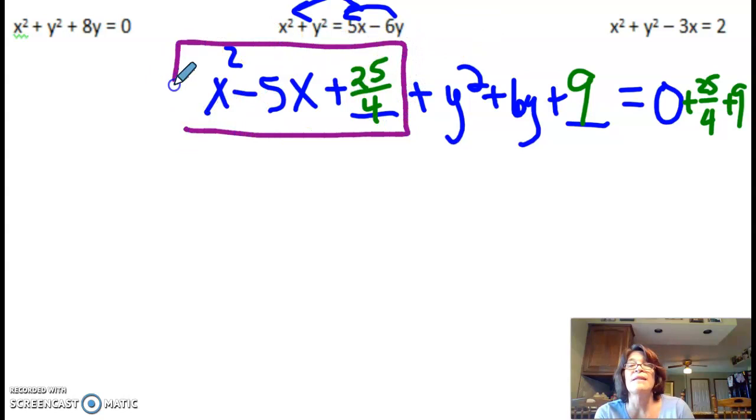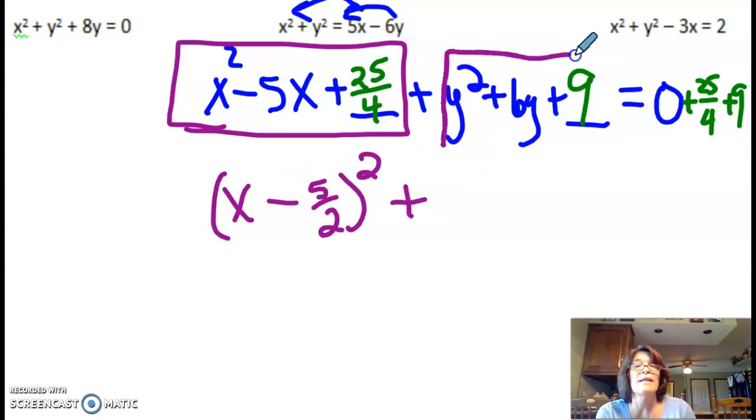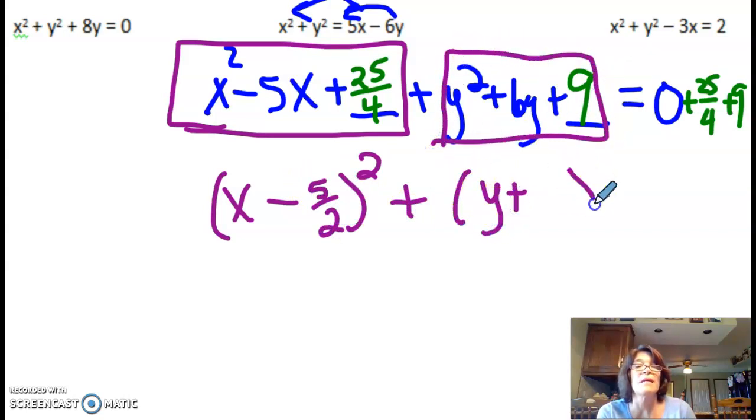The reason I added 25/4 is so I could write this as x minus something squared. Remember, it's the square root of this or half of this. And the reason I added 9 is so that I could write this as y plus something squared. What was it, half of 6?